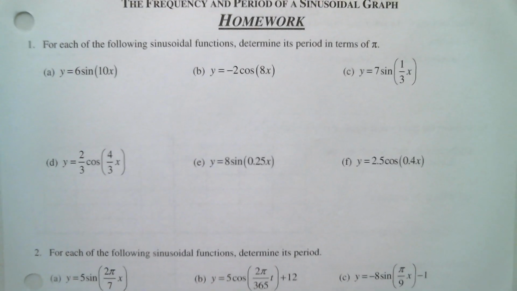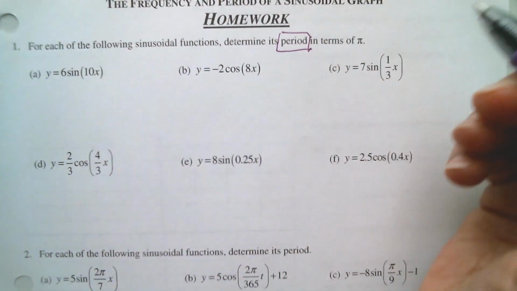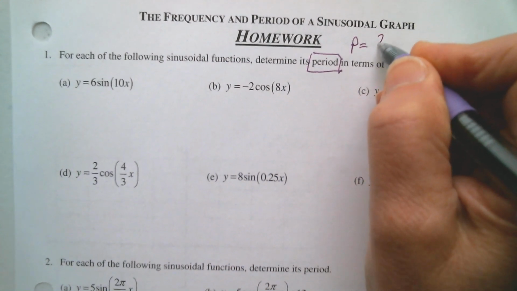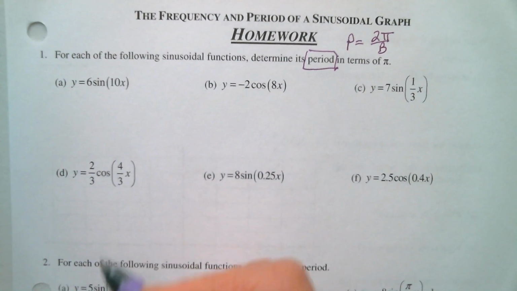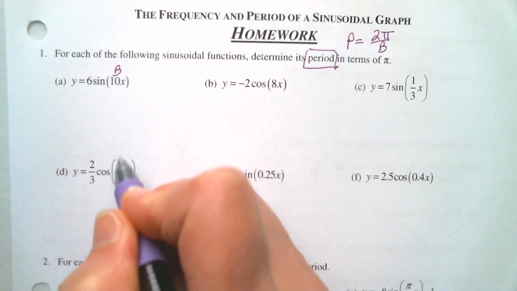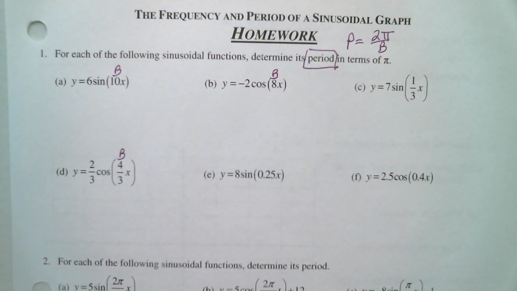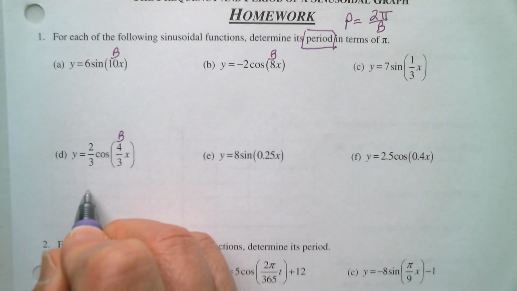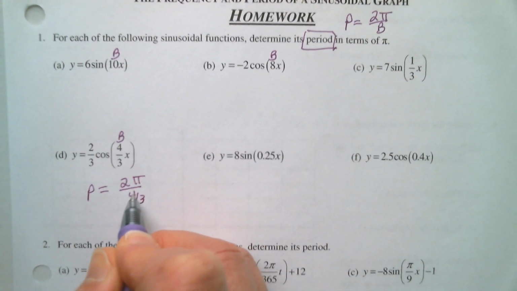Just looking at the homework, you want to determine the period. So write down that the period equals 2 pi over b. You only need to pull out B here. I'm actually going to do D for you. So period equals 2 pi divided by 4/3.